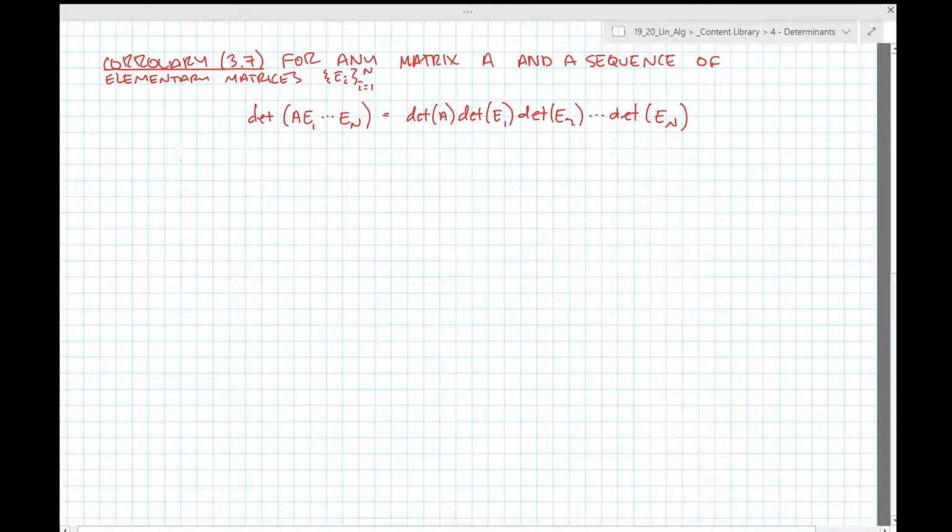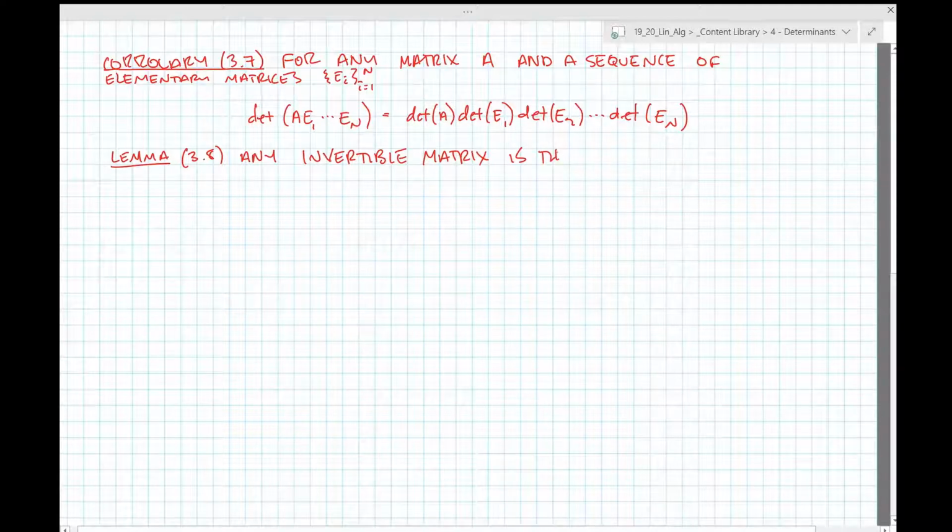Okay, so that's going to bring us to a lemma that we're going to leverage here to get some important results, and this lemma will be 3.8. The lemma is: any invertible matrix is the product of elementary matrices.